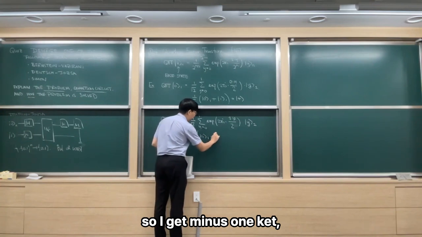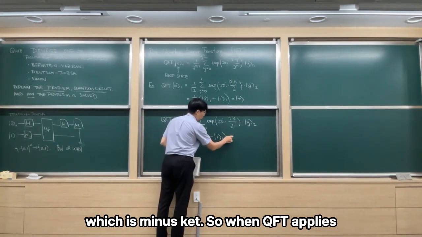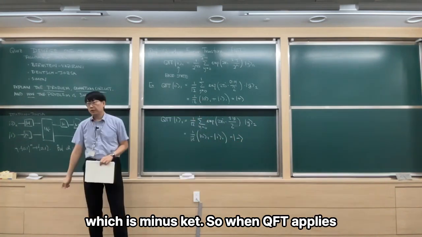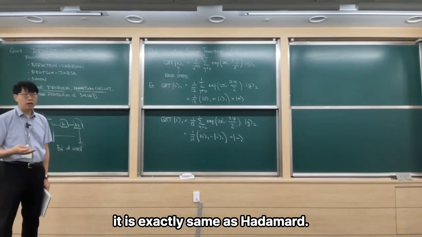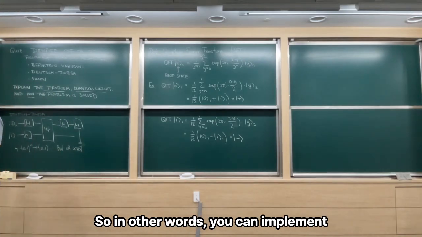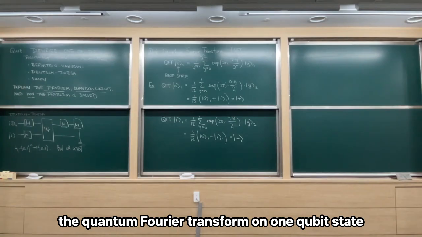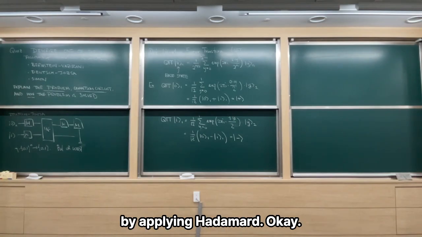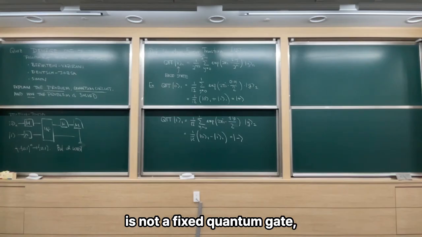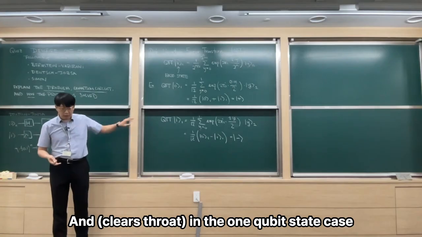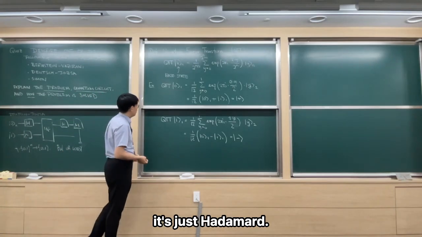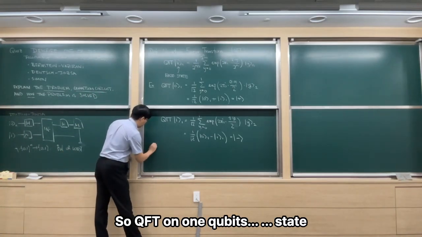So I get minus the 1 ket. So when QFT is applied to a 1-qubit state, it is exactly the same as Hadamard. In other words, you can implement the quantum Fourier transform on a 1-qubit state by applying Hadamard. So the quantum Fourier transform is not a fixed quantum gate. It's a unitary gate that you have to implement, and in the 1-qubit case, it's just Hadamard.